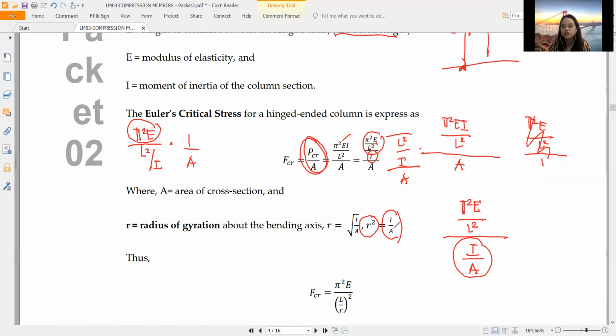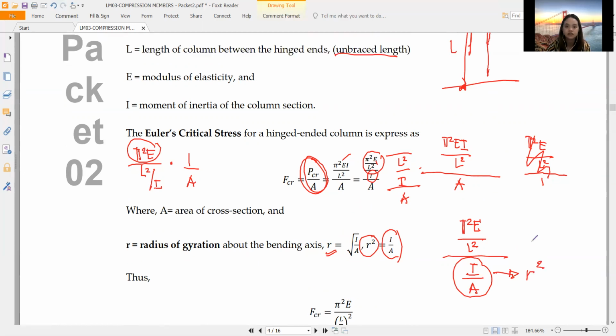That radius of gyration can be found in your steel manual section. The real formula for the radius of gyration is the square root of I over A. So we can say that this could be expressed as r squared.